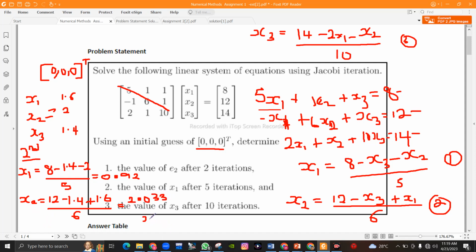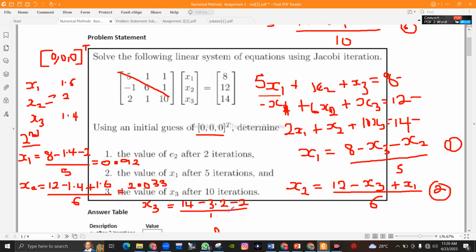The same thing, you get your x3. Your x3 is what? 14 minus 2 times x1, that's 2 times 1.6, which is 3.2, minus x2. What's our x2? 2, minus 2, divided by 10. Notice that we are taking the initial values here.